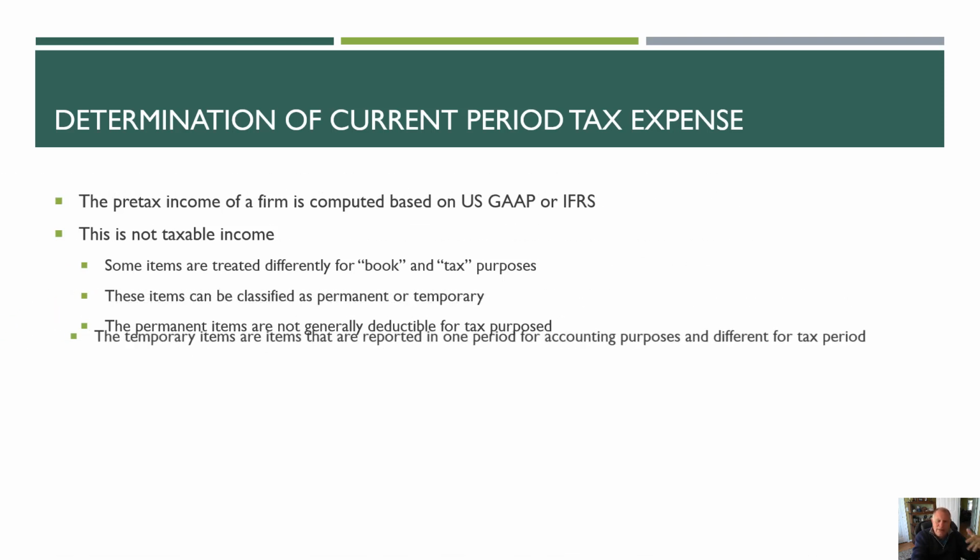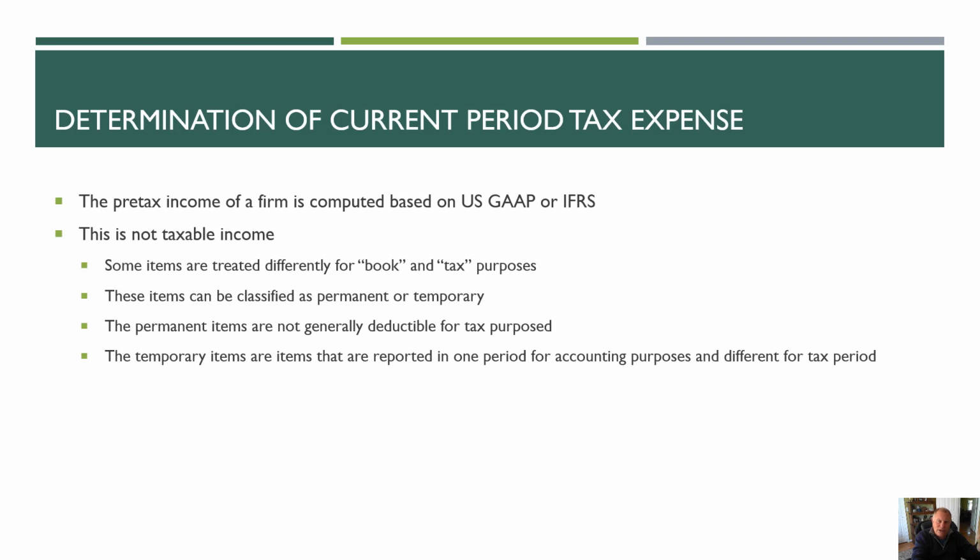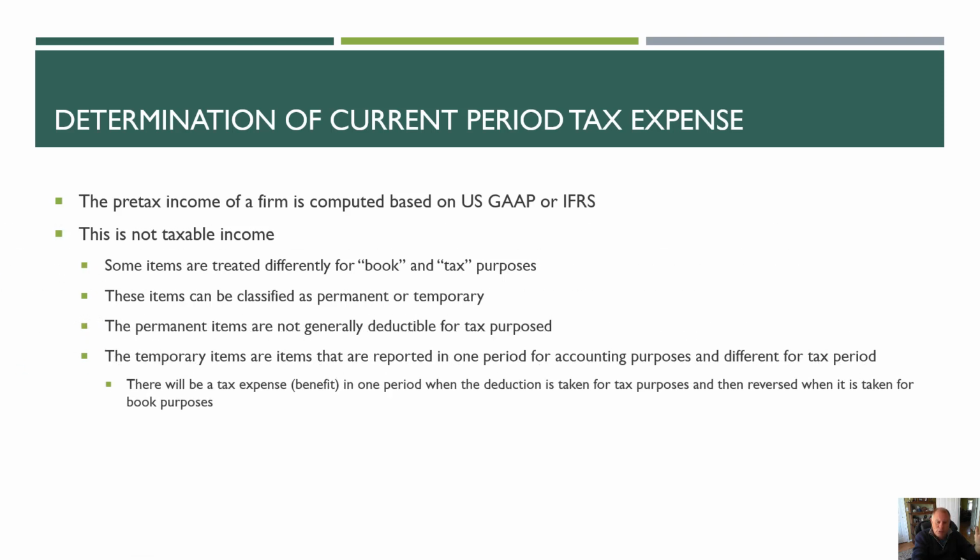And then there's the other ones that I started talking about. They're reported in one period for accounting purposes and a different one for tax. There will be a tax expense or benefit in one period when the deduction is taken for tax purposes, and then reversed when it's taken for book purposes. A lot of this is around the area of depreciation and amortization. That's where most of this is.